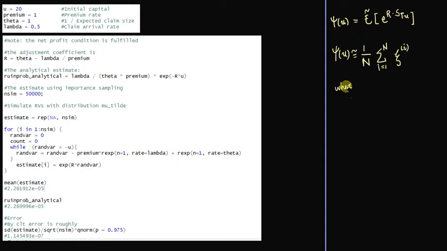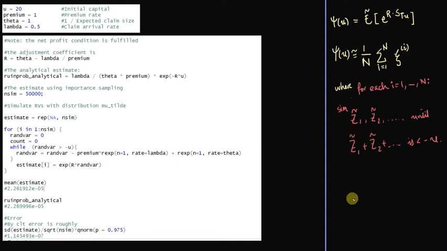So let's describe what we want to do. For each I from 1 to n, we want to simulate z tilde 1, z tilde 2, and so on, until the sum of these variables is smaller than minus u.